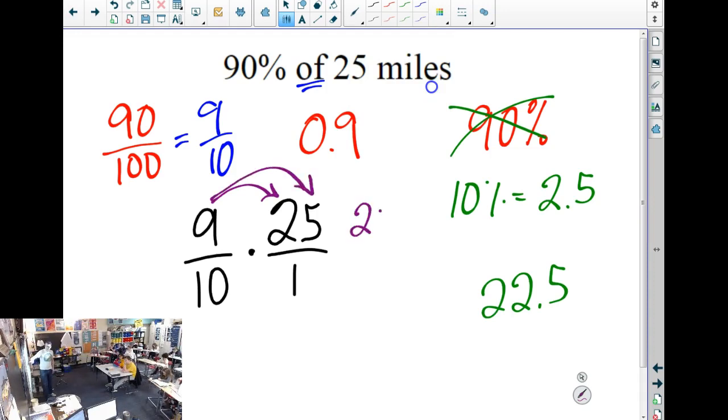So this would probably get us 225, and then we divide it by 10. We get our answer here. Now the other way, grab your decimal, use your calculator: 0.9 times 25. Eva? What I do is I just take 90%, put it into multiply. Absolutely. That was the last thing I said, if you got a calculator, just use a calculator.